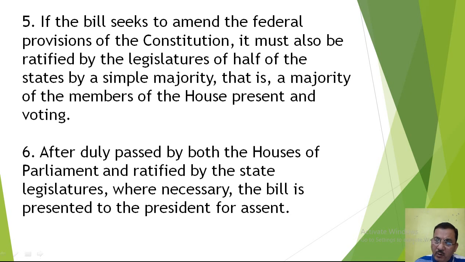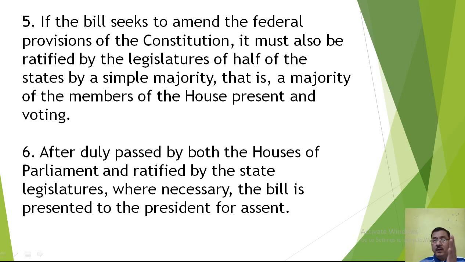Since the powers are separated between the state government and the central government, what we call the decentralization of the powers, if the constitutional amendment bill is related to a particular state, then it must be ratified by the legislature of half of the states by a simple majority.